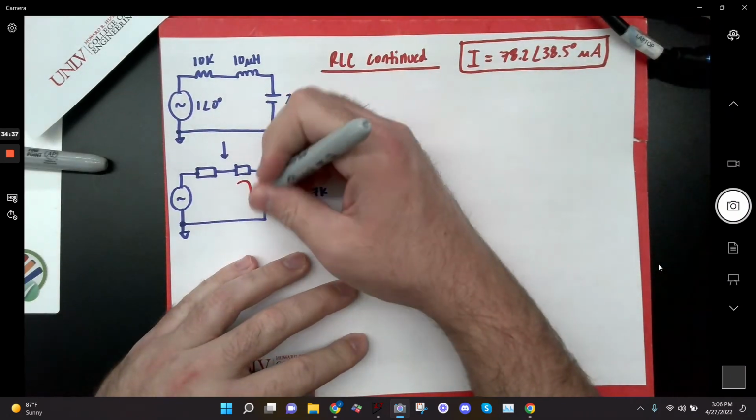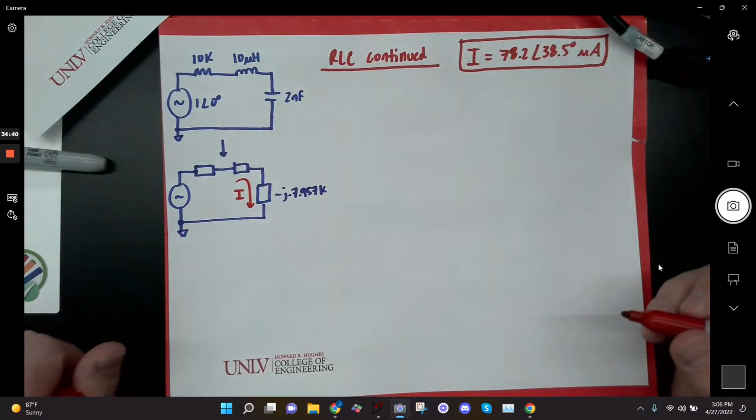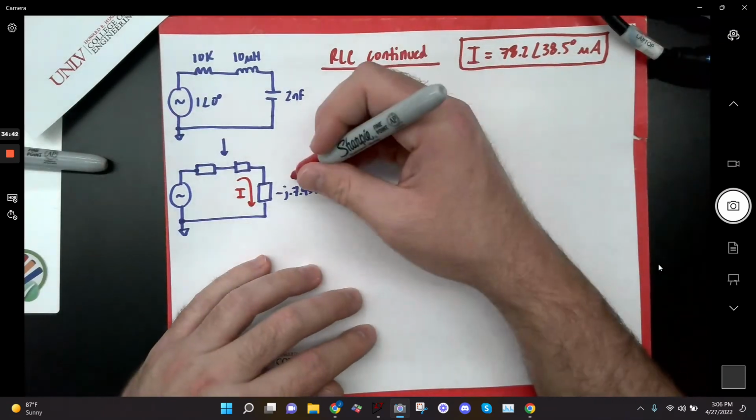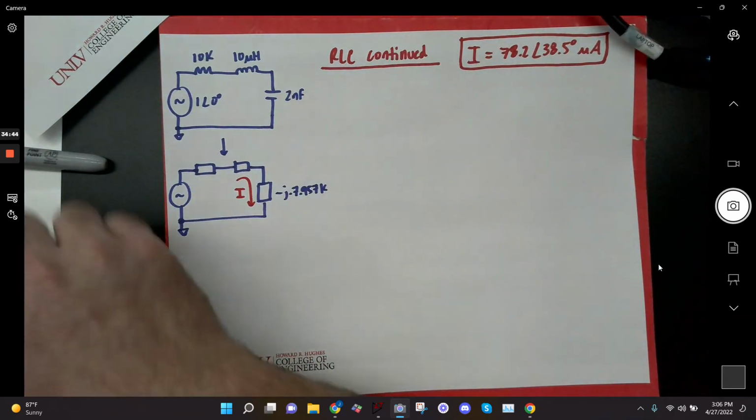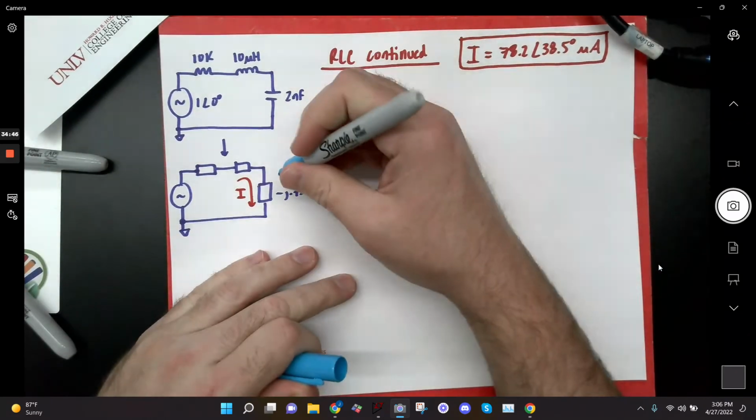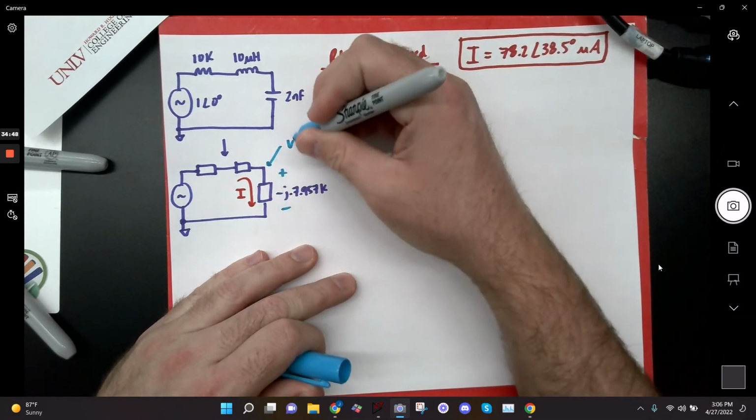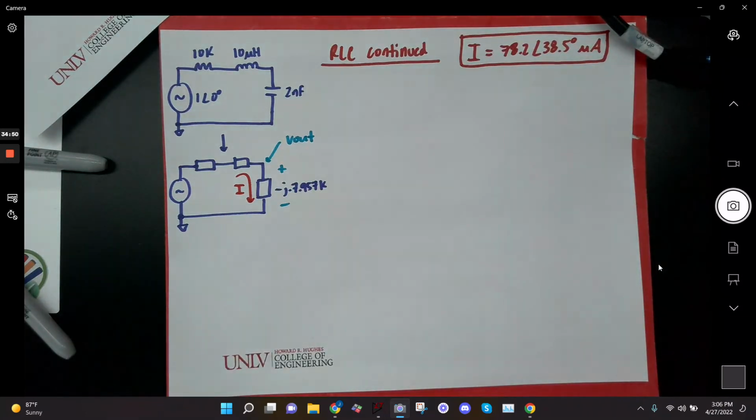Because if I just take I times that impedance, that gives me the drop. Let me switch colors. That'll give me the drop across this impedance, and this is V out right here, right?